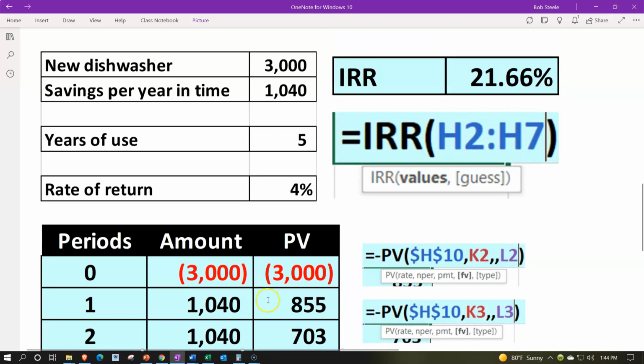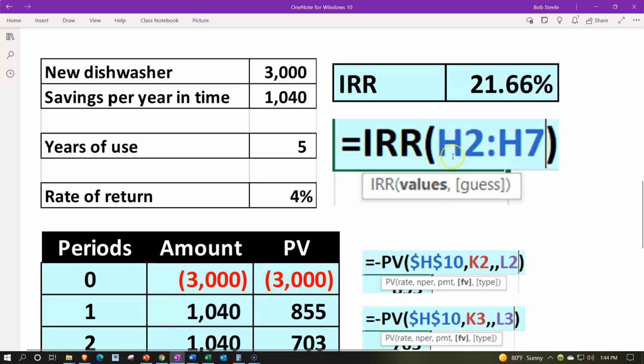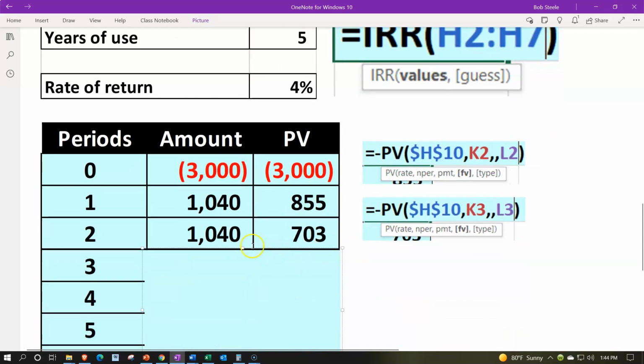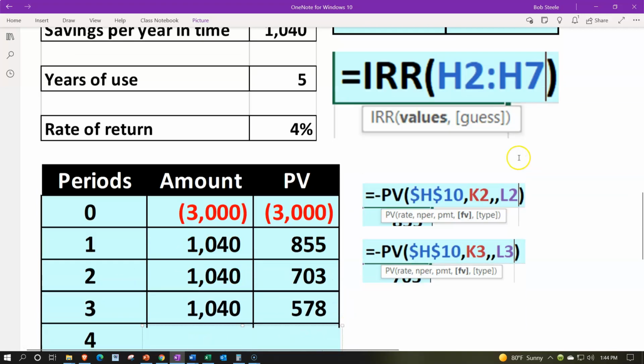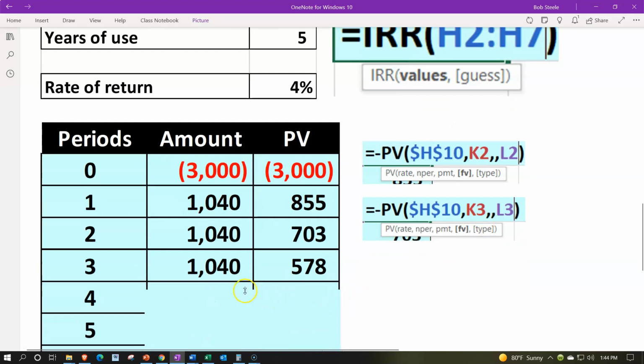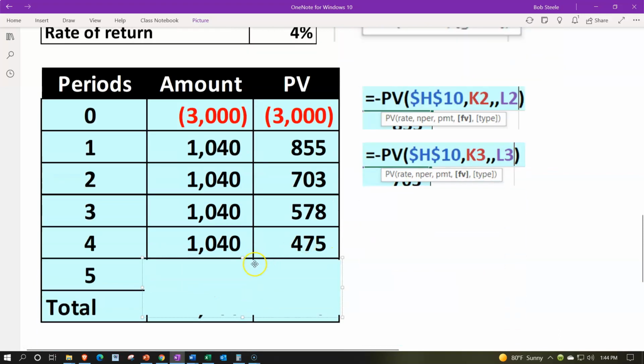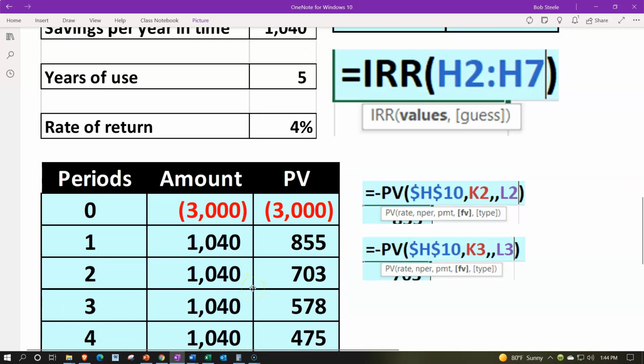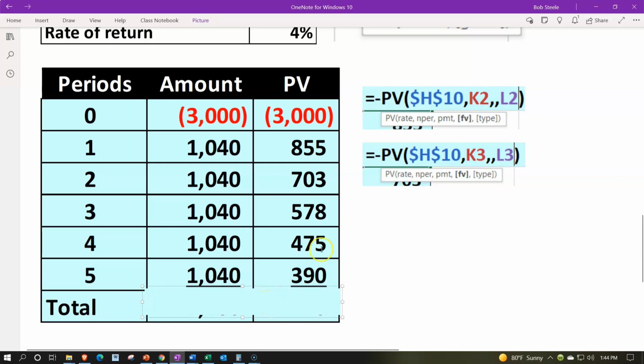The 1,040 discounted back 2 periods, 2 years, at 21.66%, the 703. 1,040 discounted back 3 years at 21.66% is 578. And the 1,040 discounted 4 years back at the 21.66% is 475. And discounted 5 years back at the 21.66% is the 390.